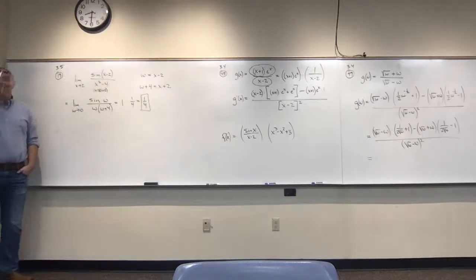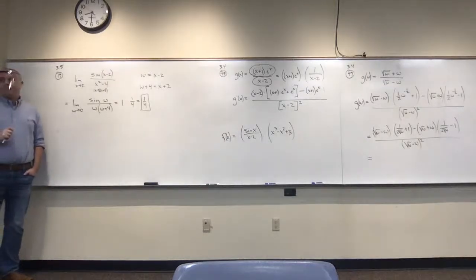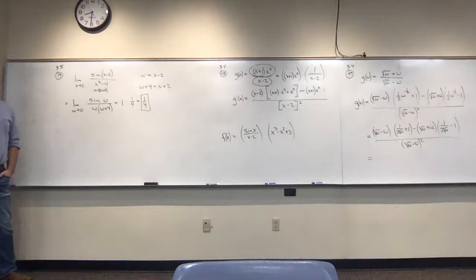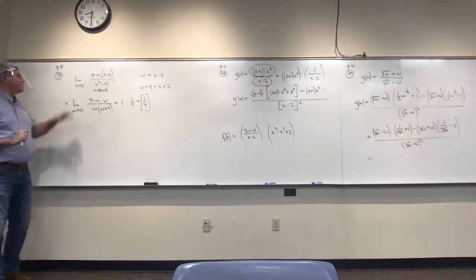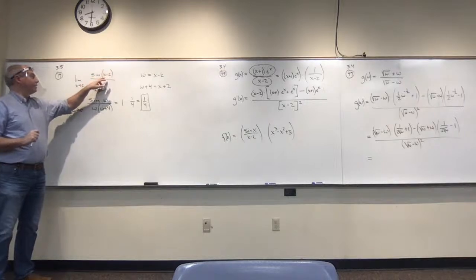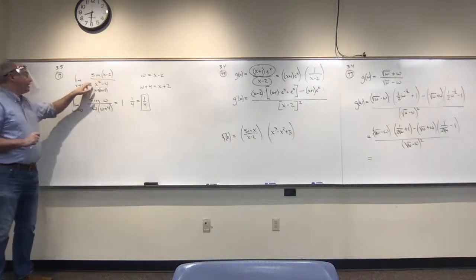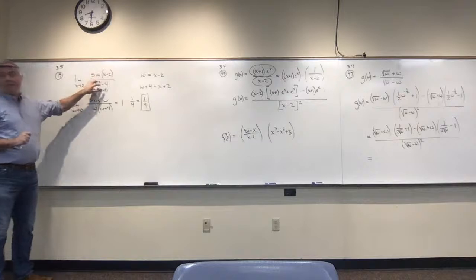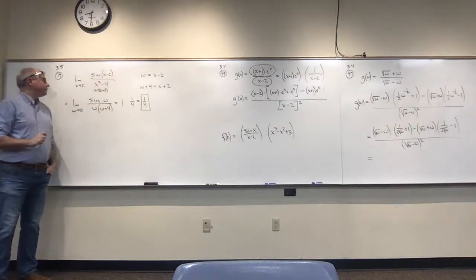Does that make sense? Yeah. So it's whenever you make the limit go to 0, the thing inside the sine has to be going to 0, and it needs that same thing on the bottom. That's right.